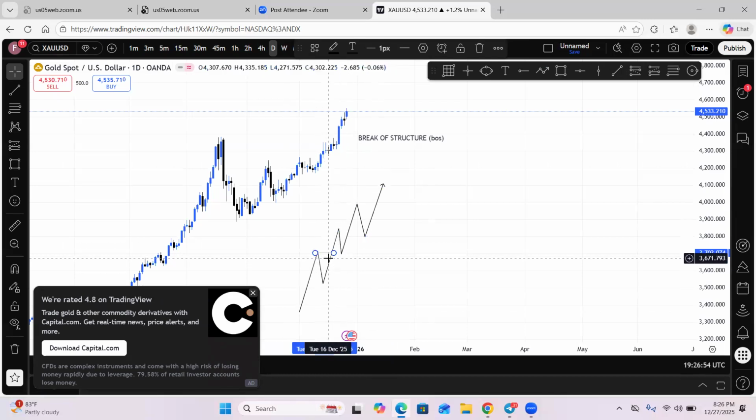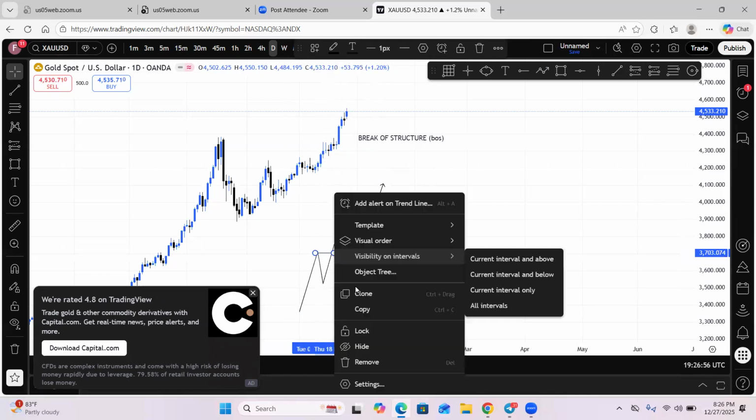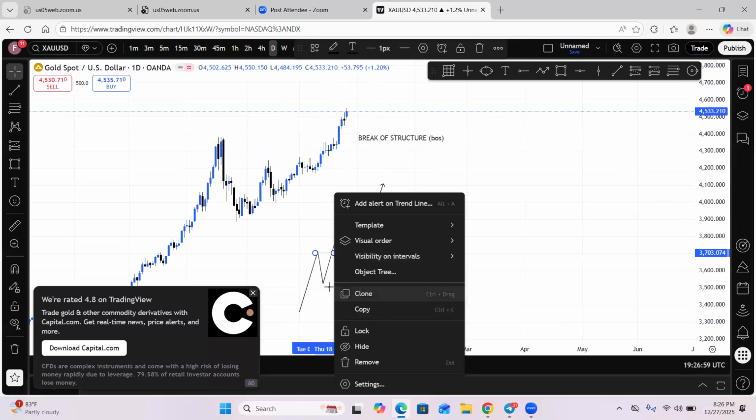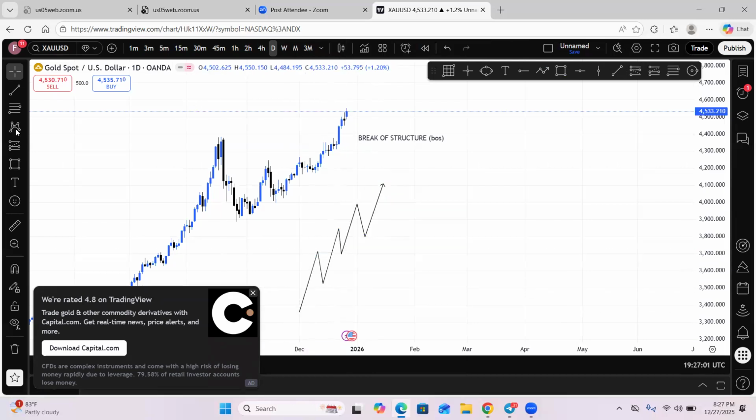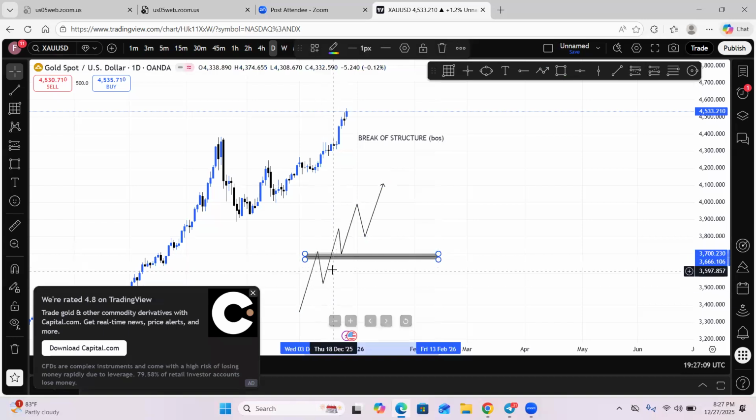Based on our strategy, if we have a key level like this, we map it out. We expect that when the market taps into this level, we will have a sell, and it will keep selling.